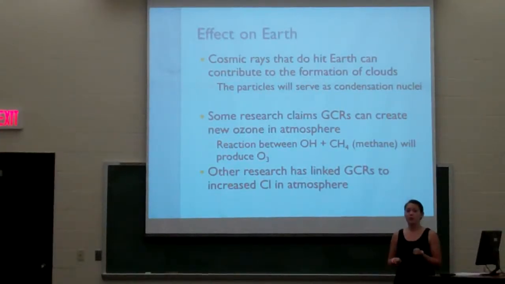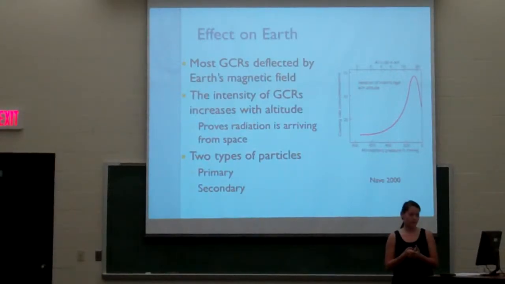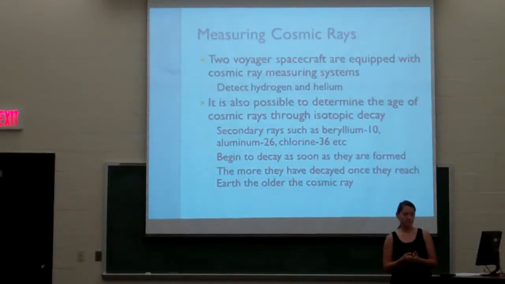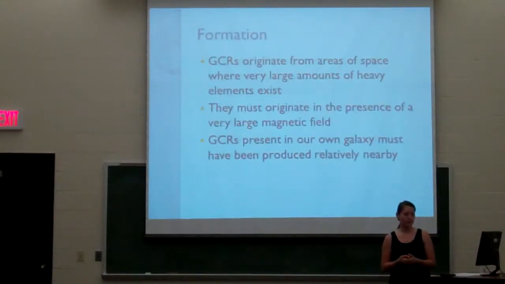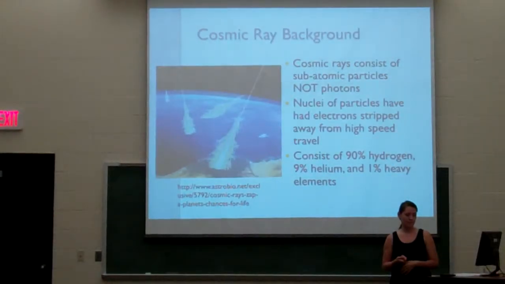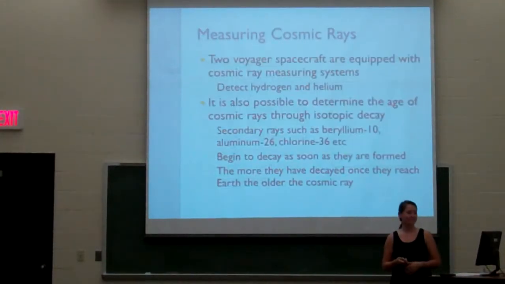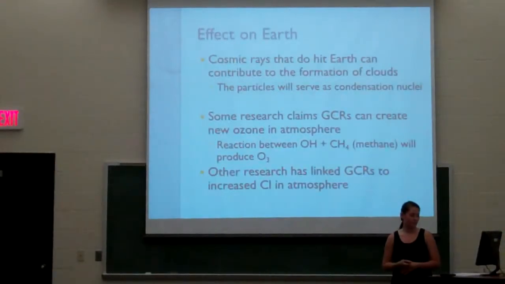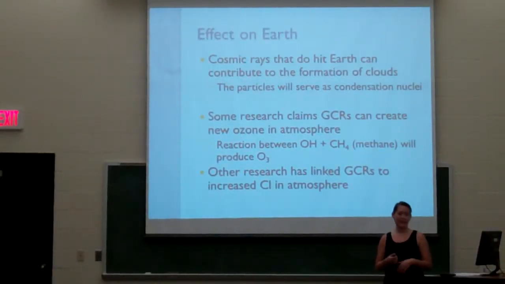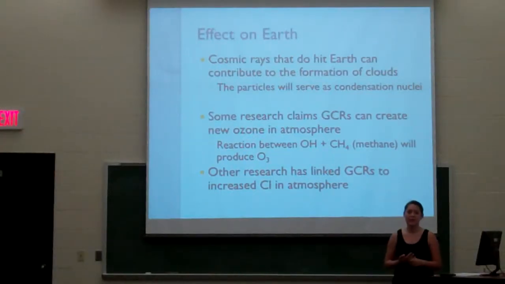Some research also shows that GCRs can create new ozone, which I found very interesting. It says that the reaction between OH and CH4, or methane, could produce OH, but other research has provided a contradictory argument, saying that GCRs can help increase Cl, at least in our atmosphere.